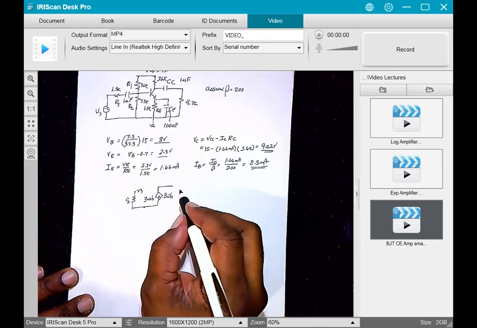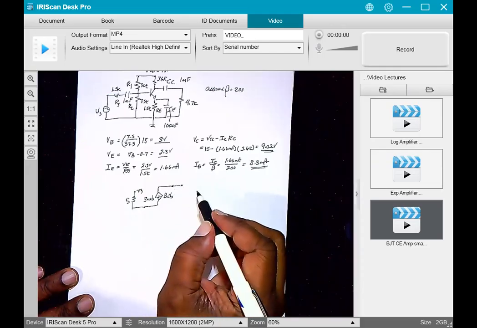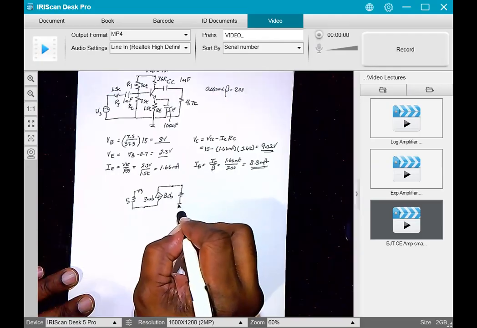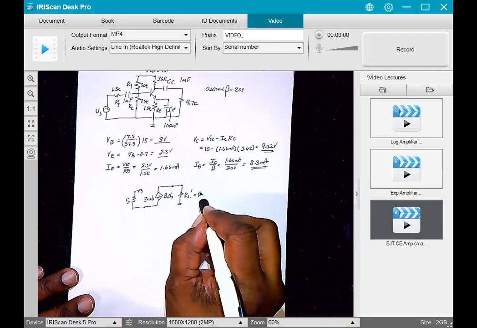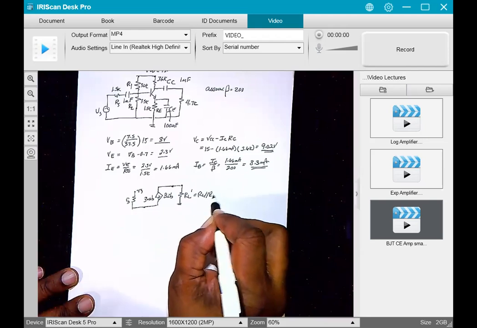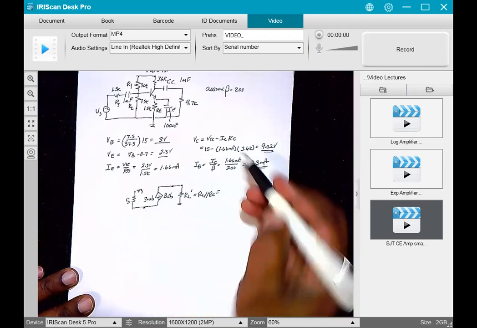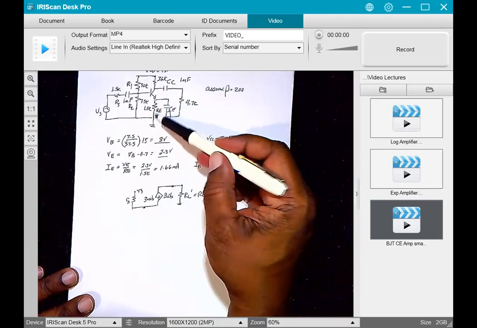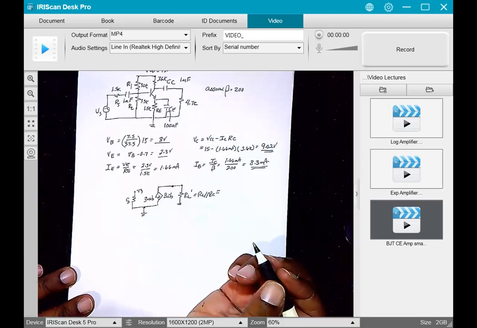So what do we have here? All these capacitors can look like shorts. We call this RL prime, which is RL in parallel with RC. Our emitter, because of this capacitor here, gets shorted to ground, so we have no RE.